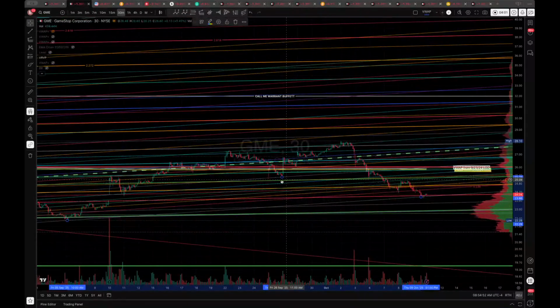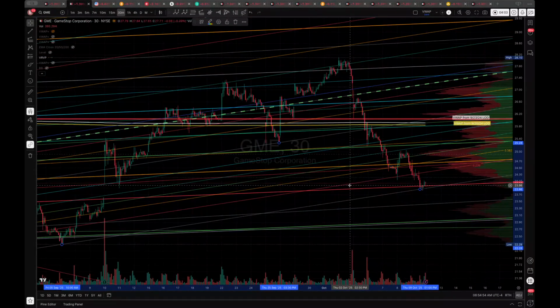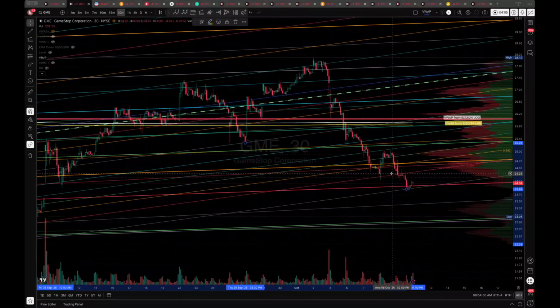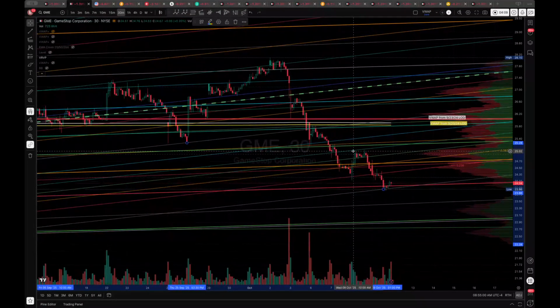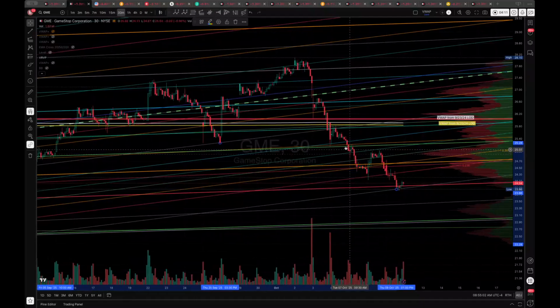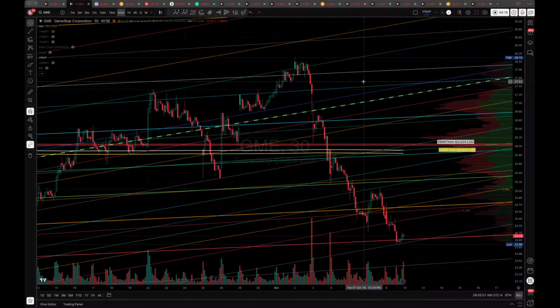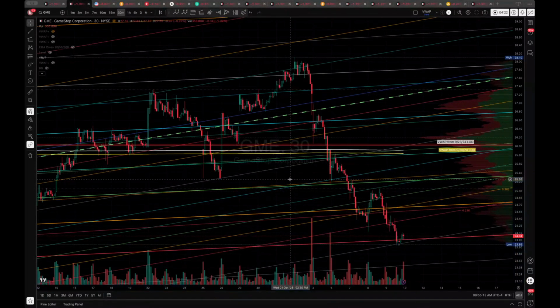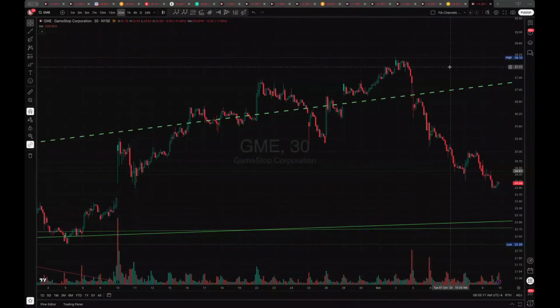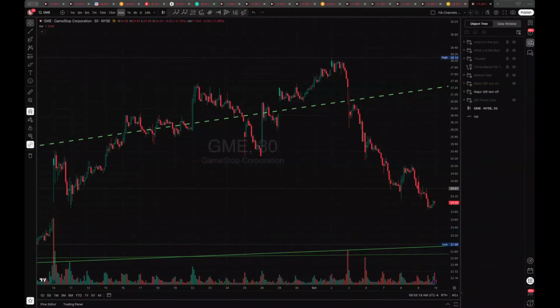It just depends on how much space I want between the lines, how much granularity I want between my fib levels. I'll see how I like that and how it develops, and I can always adjust my points if I want to. But anyway, let's go to a fresh chart.